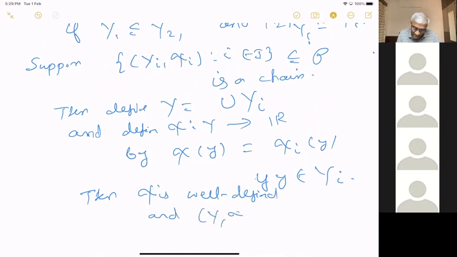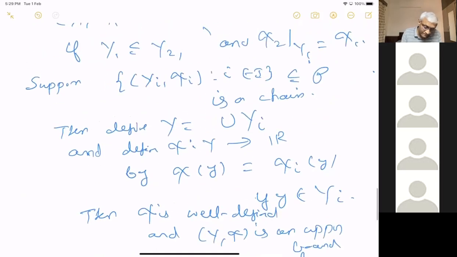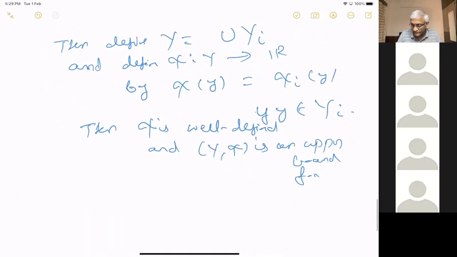And this (y, chi) is an upper bound for that chain, which we called C. So we have proved that every totally ordered subset, every chain, has an upper bound.